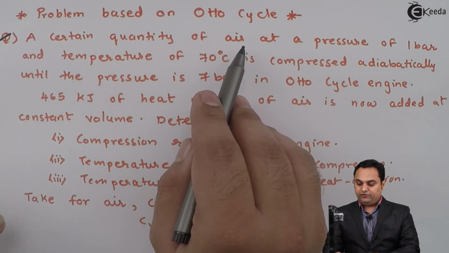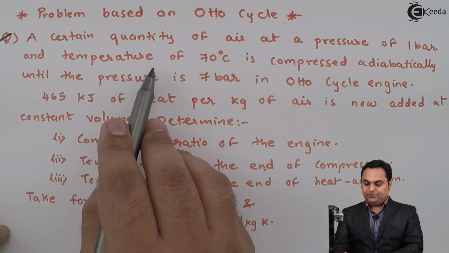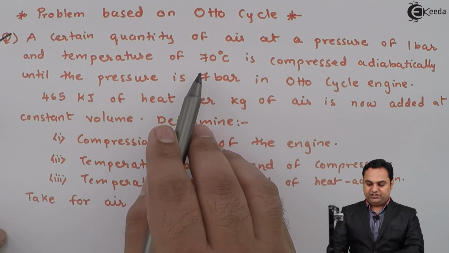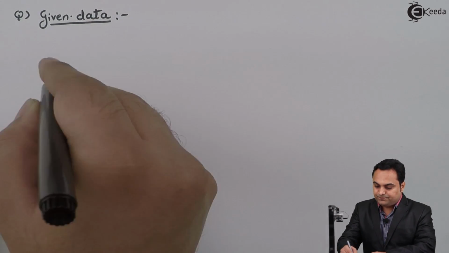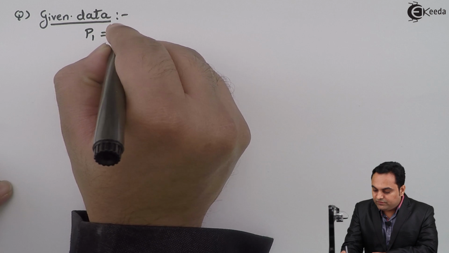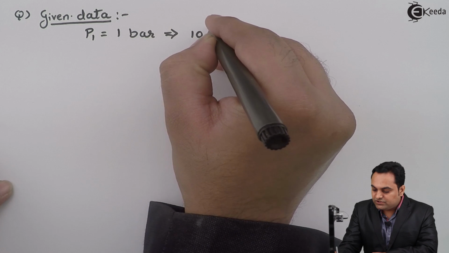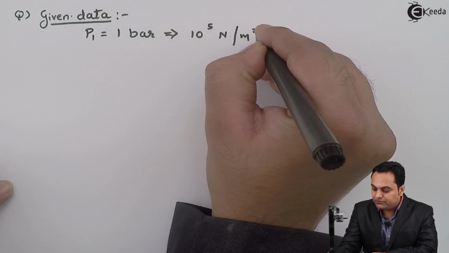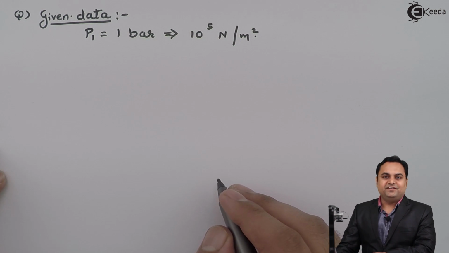A certain quantity of air at a pressure of 1 bar and temperature of 70 degrees Celsius. So initial pressure and initial temperature of air is given. That initial pressure is P1 = 1 bar, which is 10 raised to 5 Newton per meter square, and the initial temperature is 70 degrees Celsius given.